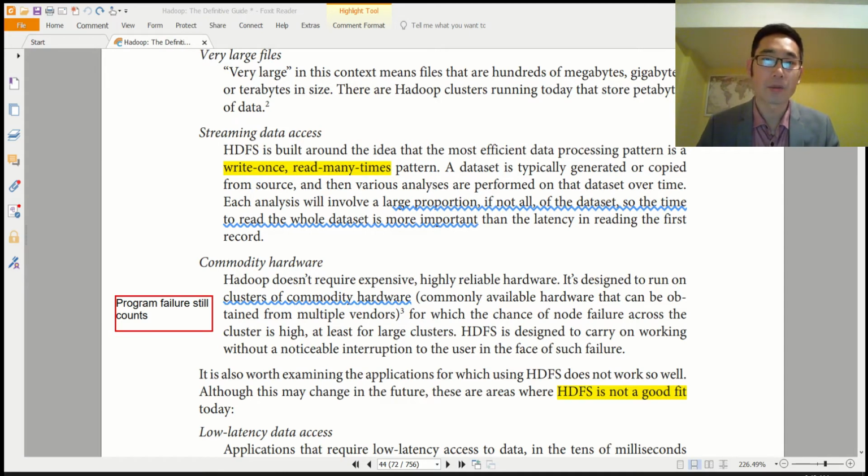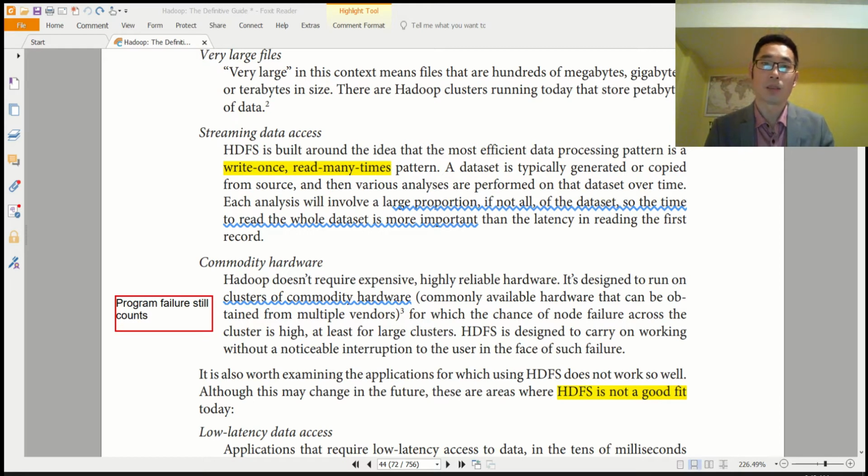Highly reliable. This part says the hardware of your HDFS system does not have to be highly reliable, but it does not mean highly reliable hardware is not good.